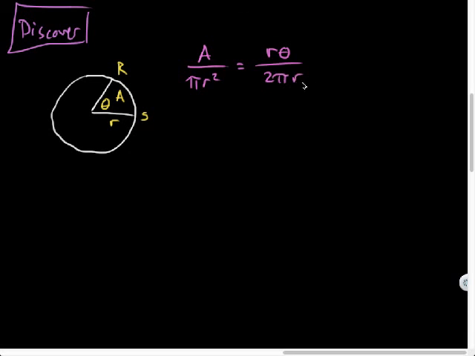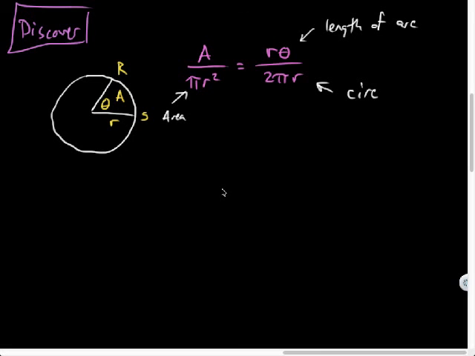So one thing I'll label is this is the length of arc. This is the circumference, and this is the area of the whole circle. So those ratios I think make sense. That proportion perhaps makes sense to you.